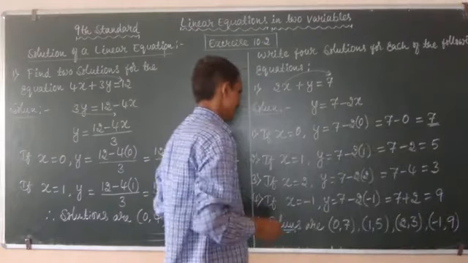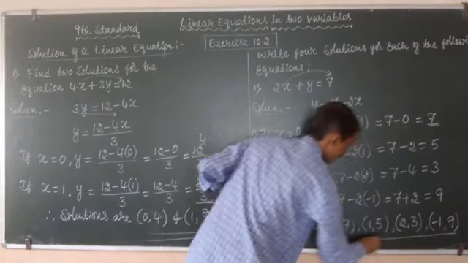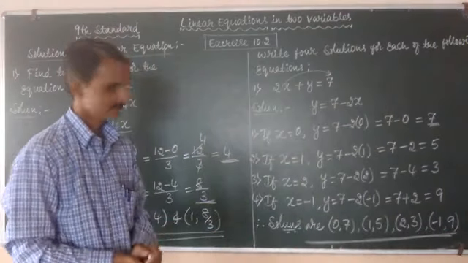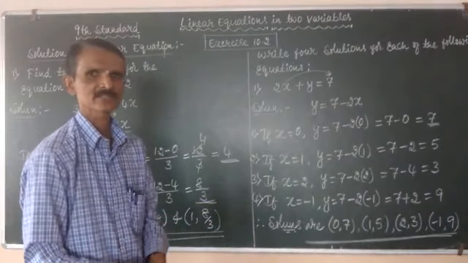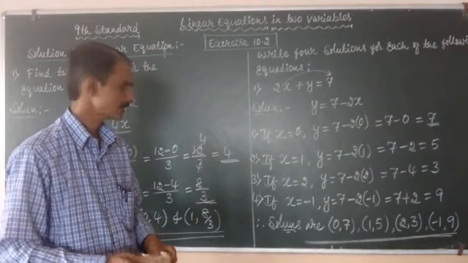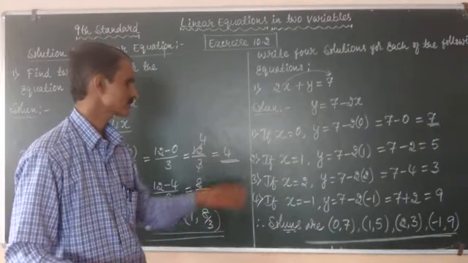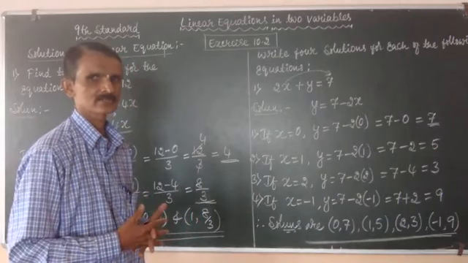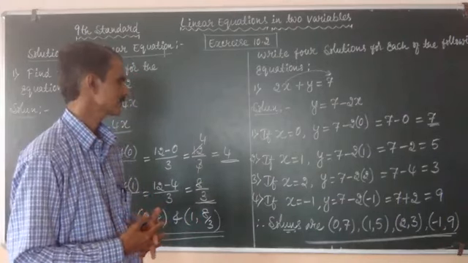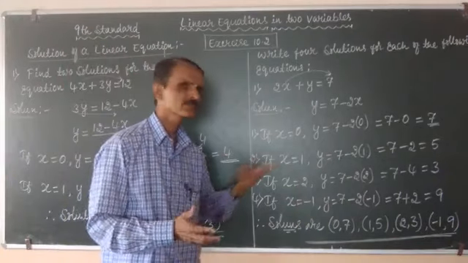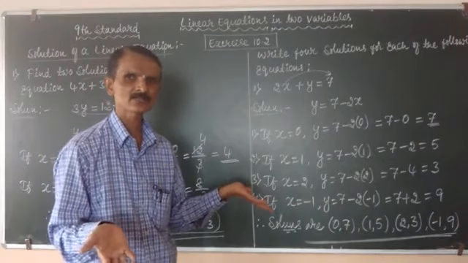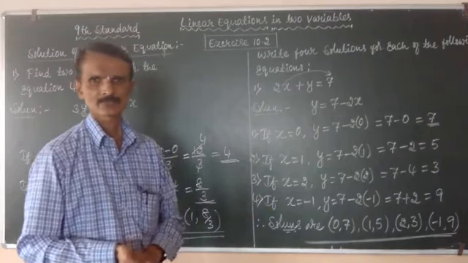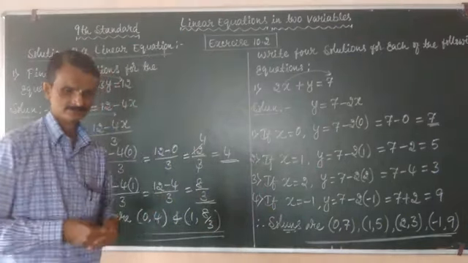So these are the 4 solutions of the given linear equation. So I think we have clear idea how to find out the solutions of the given linear equations. Okay. So similarly, if you go on giving the values, either the negative or the positive, we will get the corresponding values. So we will see the next problem.